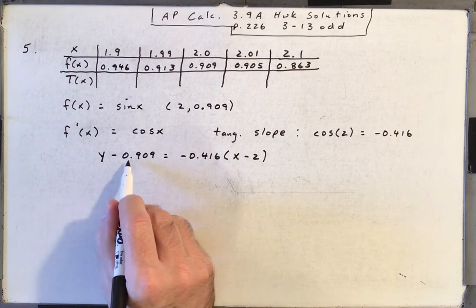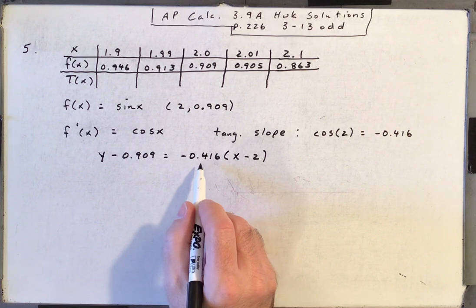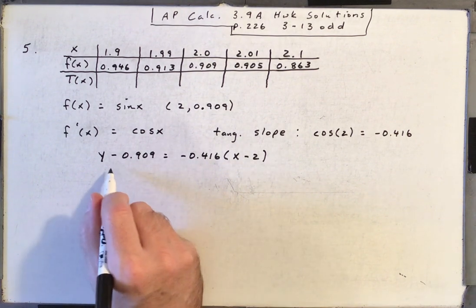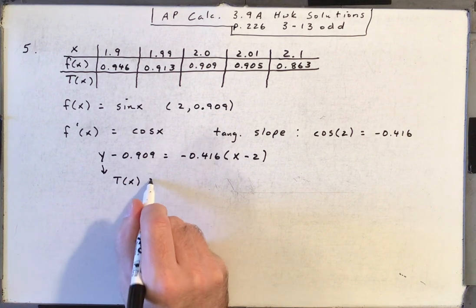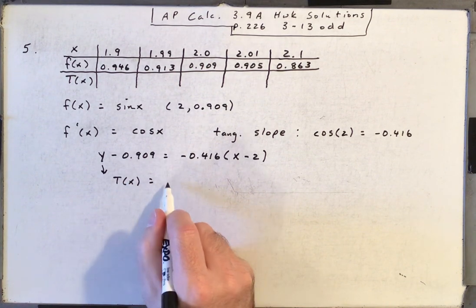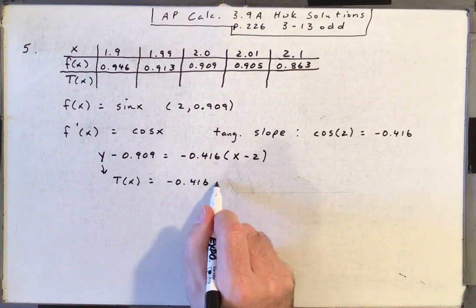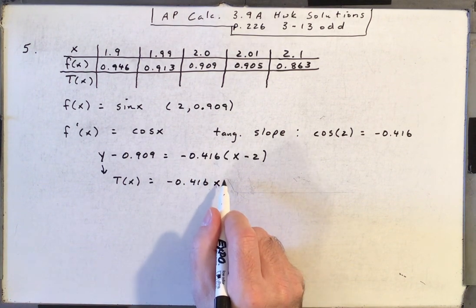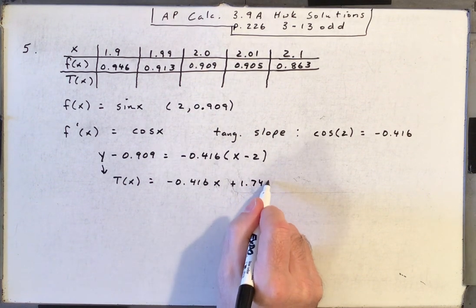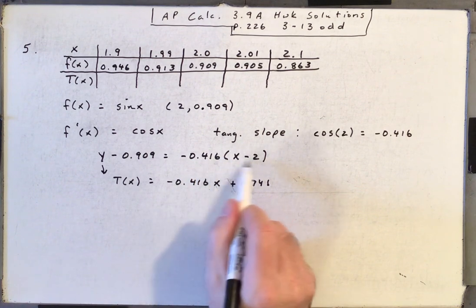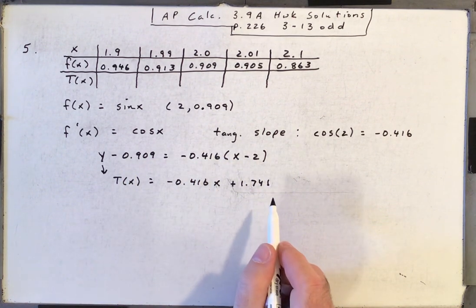If I shove that 0.909 over to the right and distribute the negative 0.416, instead of y I'm going to put t of x, which is negative 0.416x plus 1.741. A negative times a negative makes a positive, and then you have a positive 0.909, which adds up to 1.741.